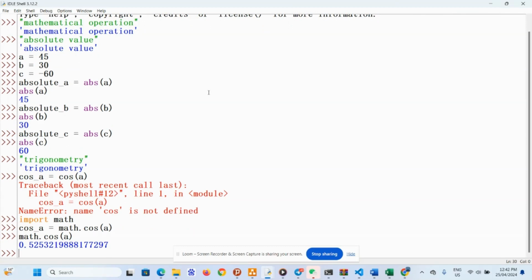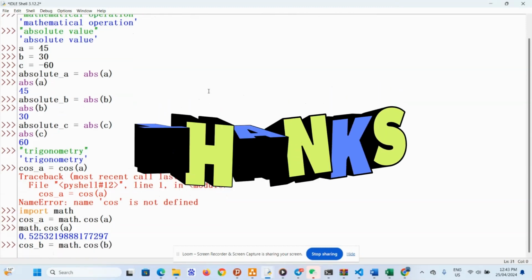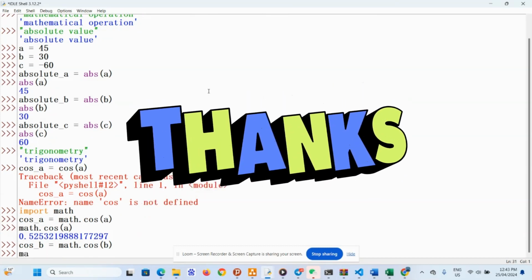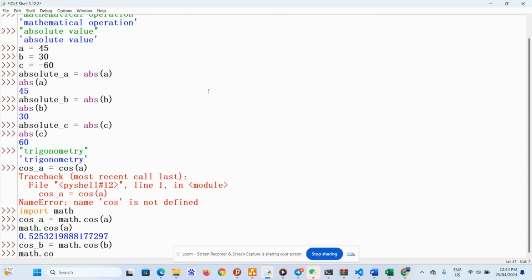Then cos of B is equal to math dot cos of B, enter.